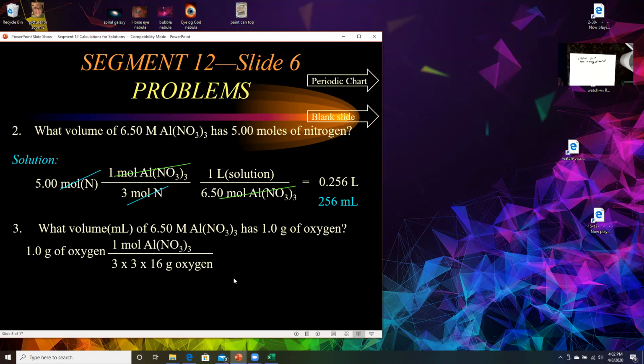And that would be in 1 mole. Now, that would get this canceled, but mole is not the unit of the answer. I want volume. So I'm going to do the same thing I did a while ago. I'm going to use the molarity as a conversion factor, set up in a way that the moles of aluminum nitrate cancel, and now can do this math.